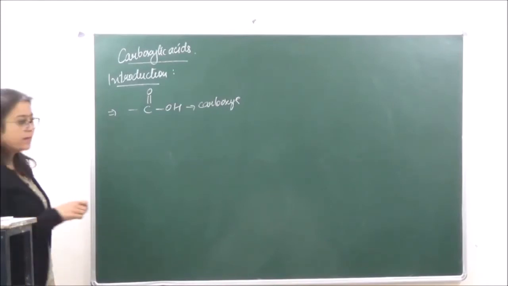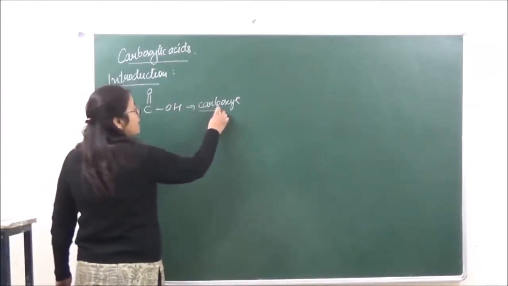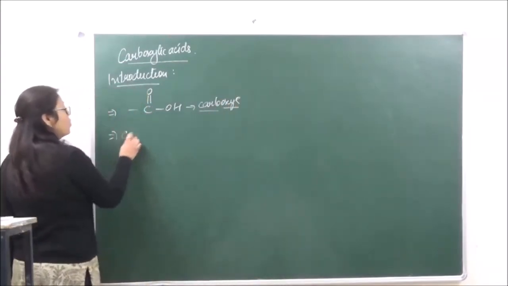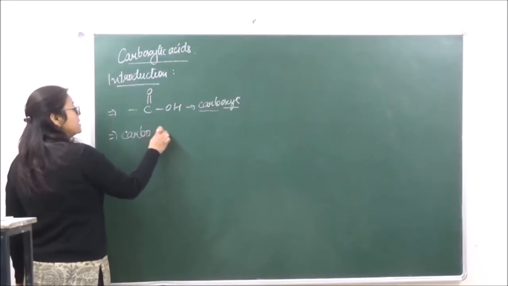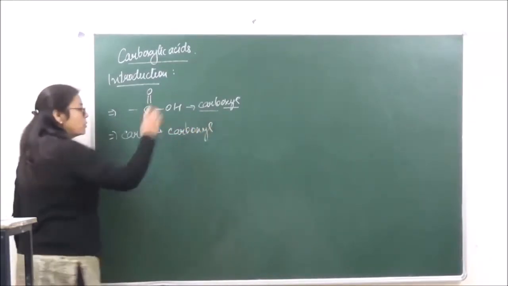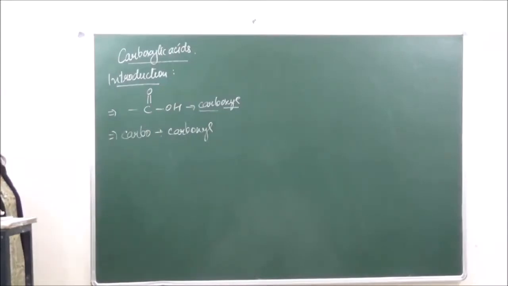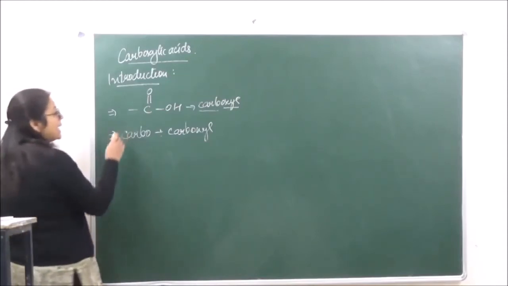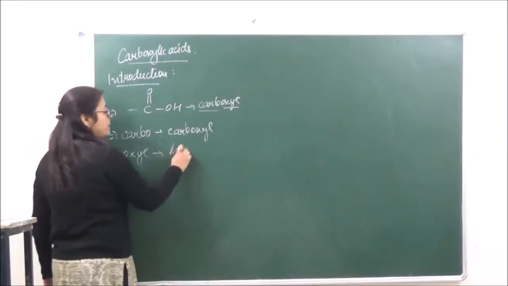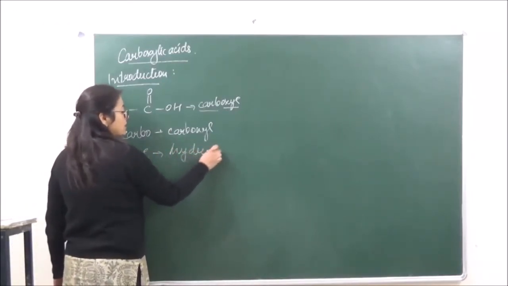As you can see over here, we have carbo and we have oxyl. The word carbo is derived from the carbonyl group, the C double bond O that is present over here, and oxyl is derived from hydroxyl.